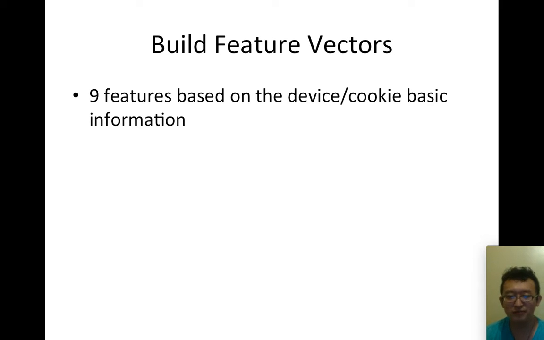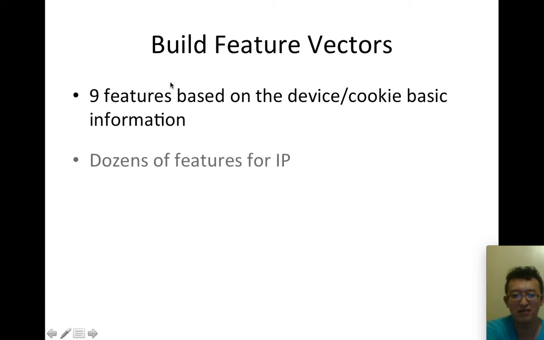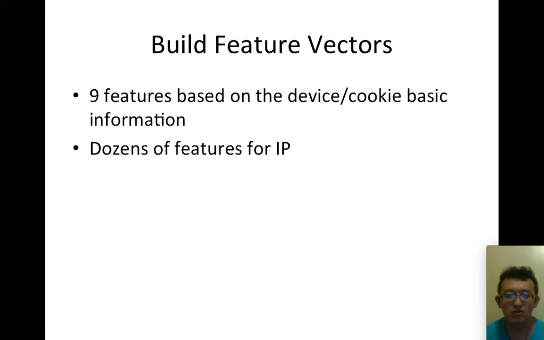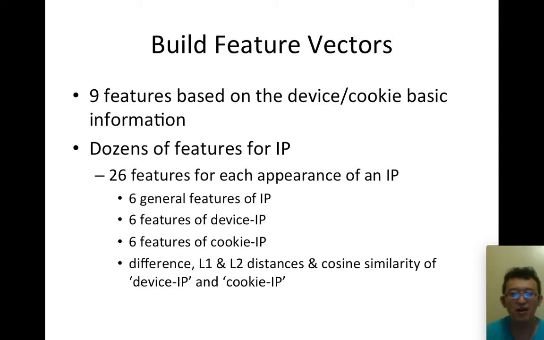And there are some other features for the device and the cookie. There are also features given for the IP address, and actually there are more features for this one. For each IP address, we are given 6 features to describe the general behavior on this IP address.